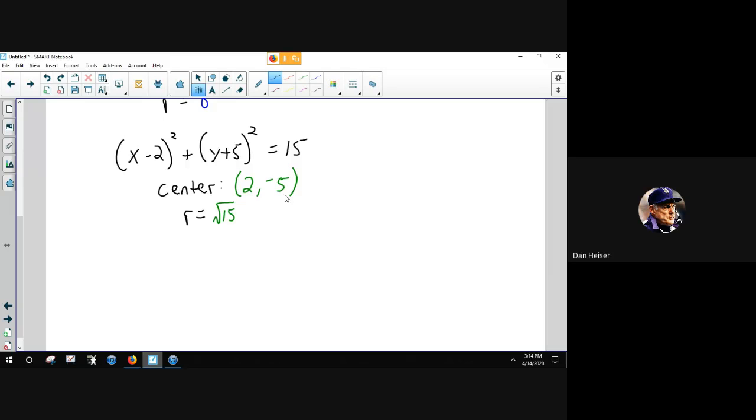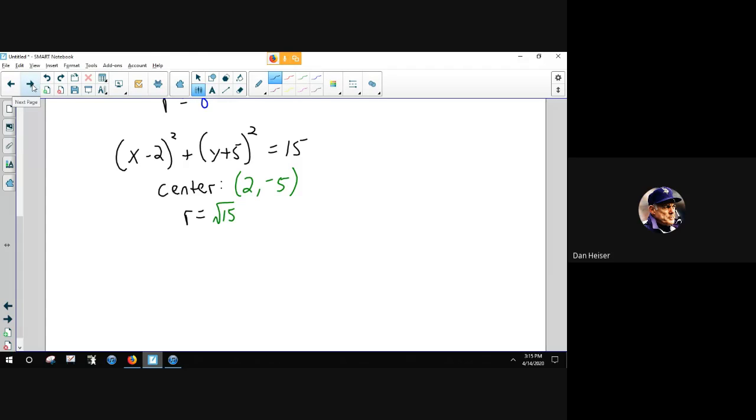Each of those gives you a semicircle. That's trying to force it into the function version, but you can only look at a half circle at a time that way. This form, the non-function form, allows us to get more information. We get the center and we can get the radius from that form.